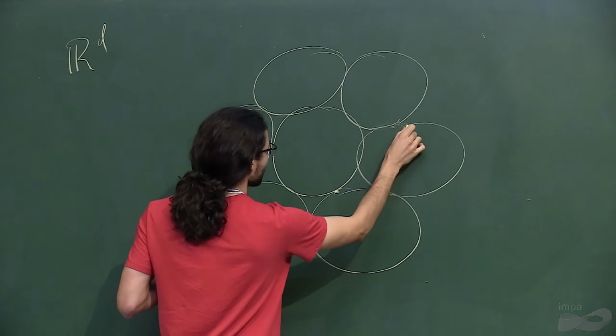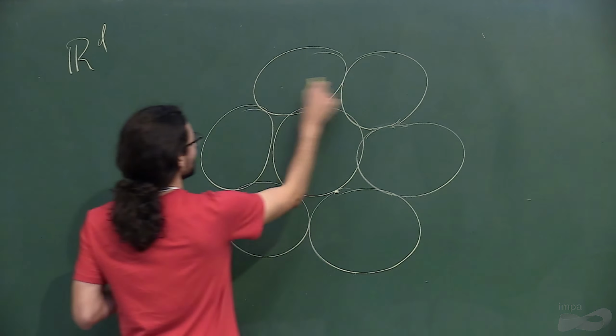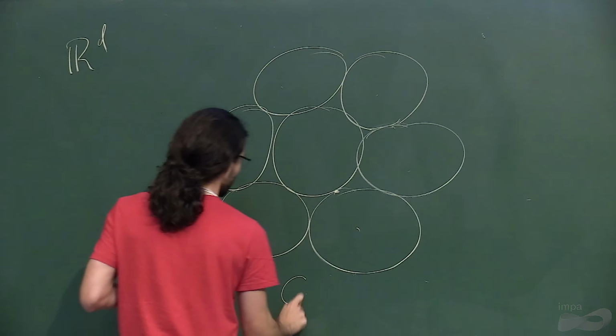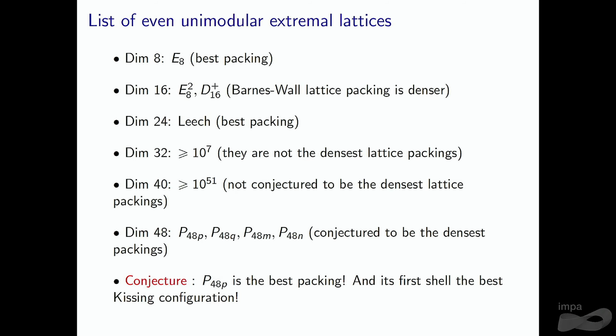They can at most touch on the boundary. And for instance, in 2 dimensions, you can see that this number is 6. And well, for this problem, in dimension 48, they conjecture that the first shell of any of these lattices gives you the best kissing configuration for the kissing number problem.